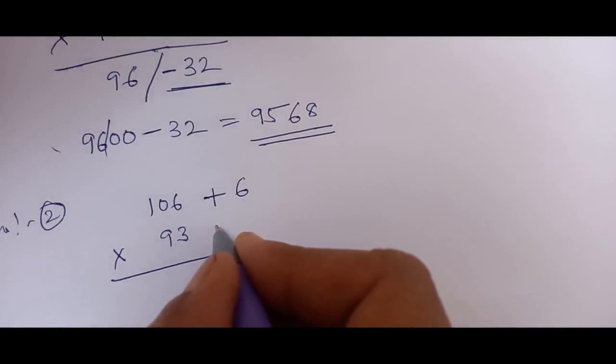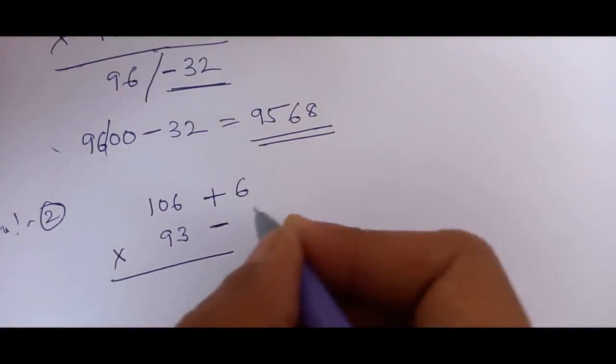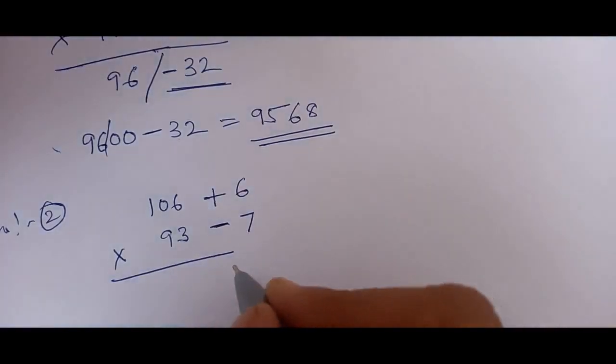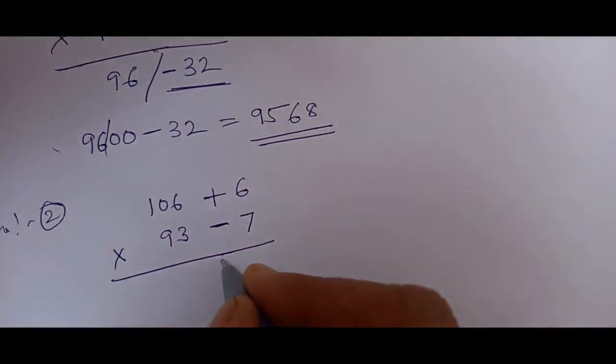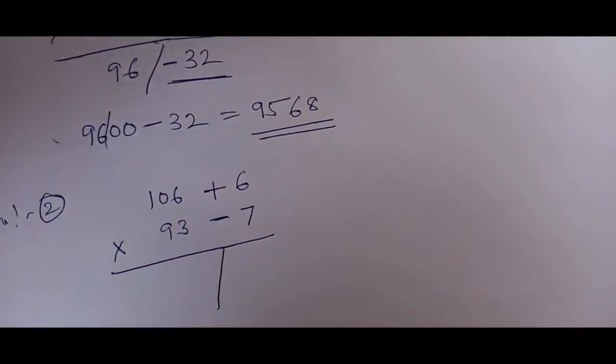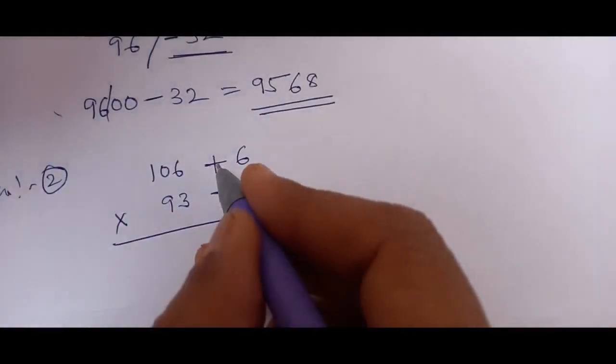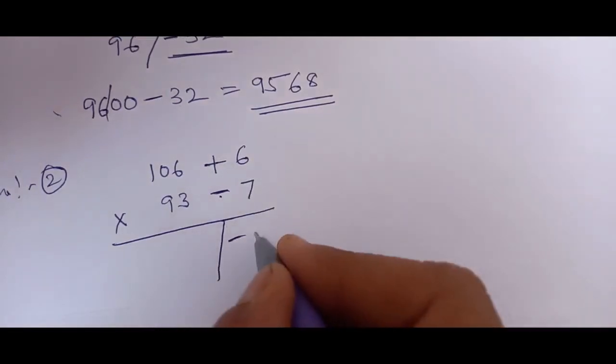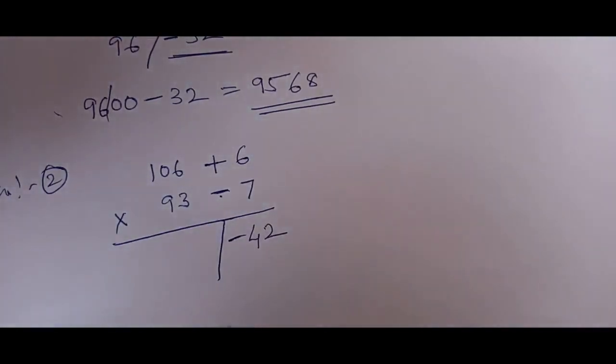So how much less? First write minus. 7. Write 7. Now write the answer in two parts, RHS part and LHS part. Plus into minus is minus. 6 into 7 is 42.